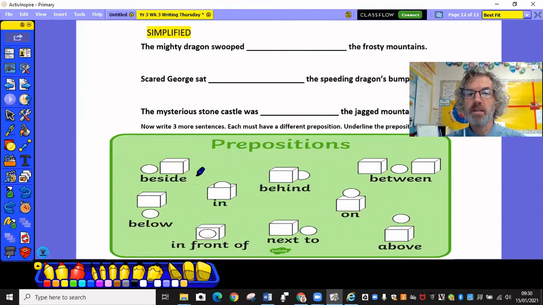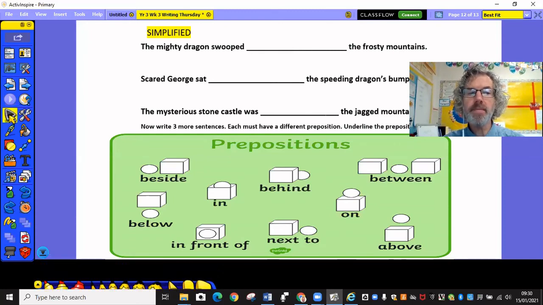That would work. You could have behind the frosty mountains, between the frosty mountains, above the frosty mountains. In fact, there's lots of different things you could put in there, depending on what it is you want to say as an author. I only expect a few of you to use the simplified. I expect most of you to do the core.